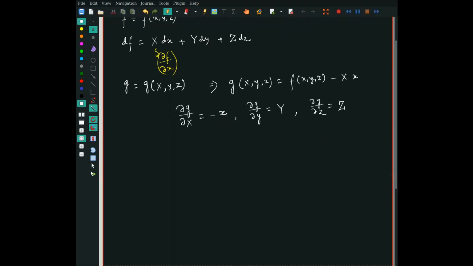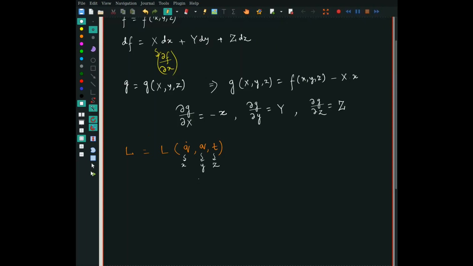Now, if you compare this with our Lagrangian formalism, we have initially a Lagrangian, which is a function of q dot, q, and t. Just compare these with x, y, and z. So q dot is my x, q is your y, and small t is your z.